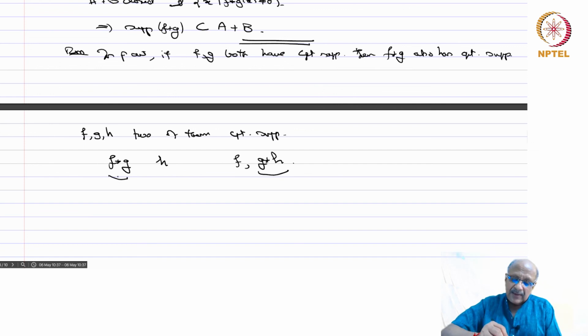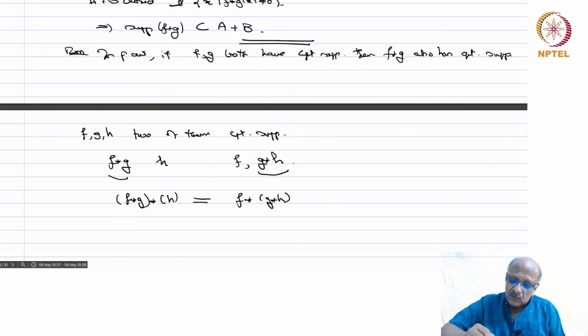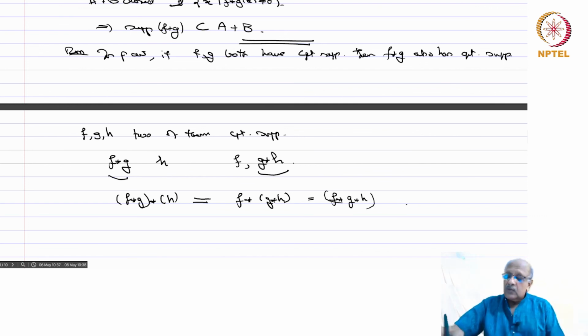So in either case, at least one of them has compact support, and consequently both are well defined. And because of associativity, these two are in fact equal, and you can write this as f star g star h without worrying about putting brackets, that means you are defining it 2 by 2.